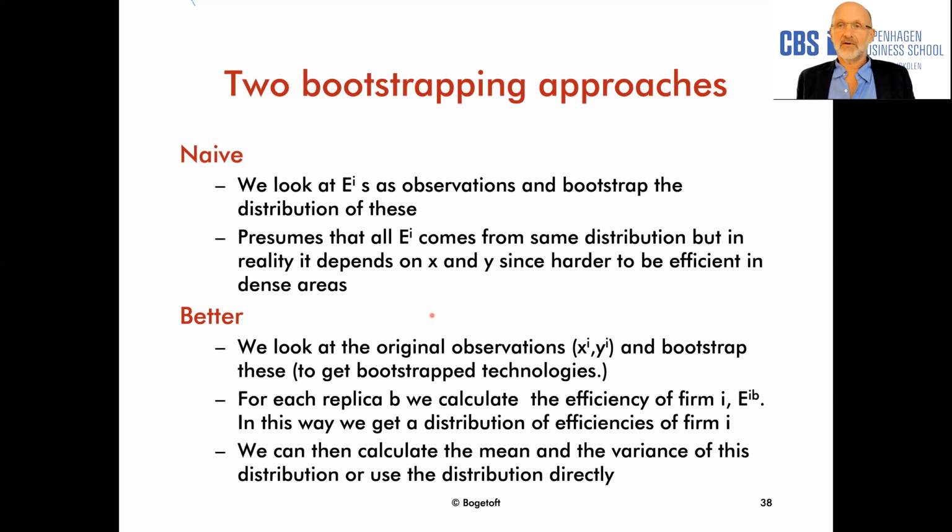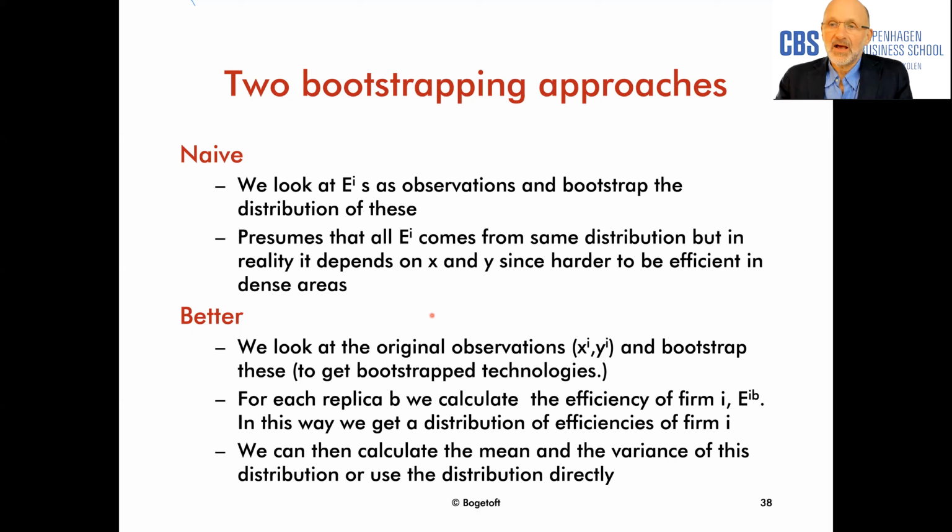Technically, it presumes that all these efficiency scores come from the same distribution. But in reality, this is not the case. The efficiencies probably also depend on the x's and the y's. So it is too simple just to do the naive observation.